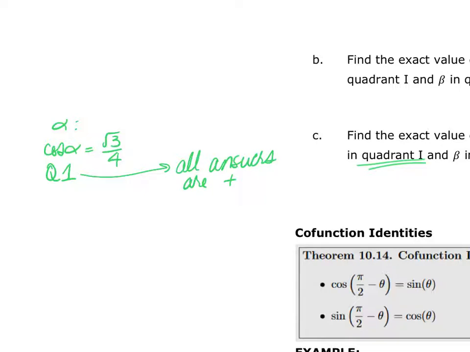The next thing I'm going to do is work x, y, and r. How do we define cosine? So this is x, this is r.